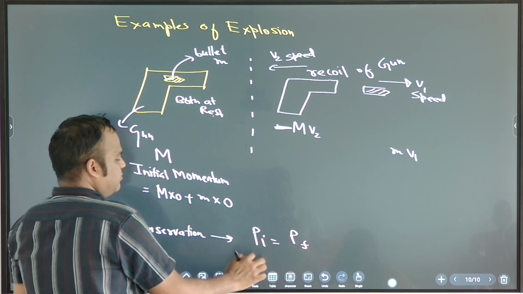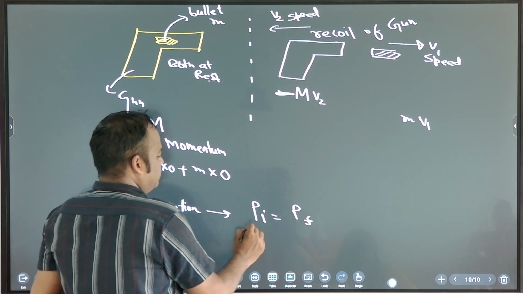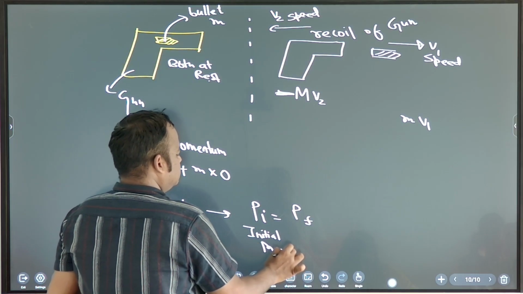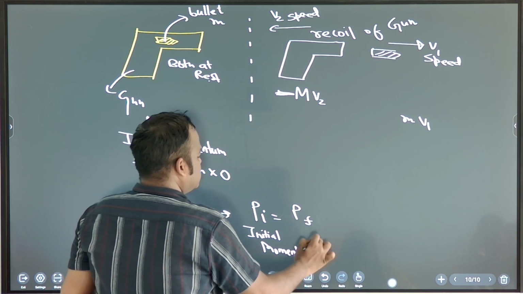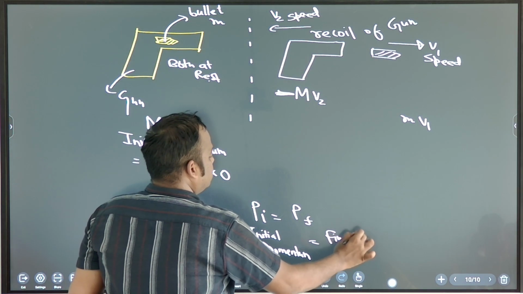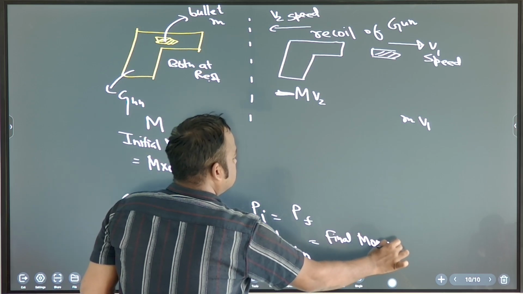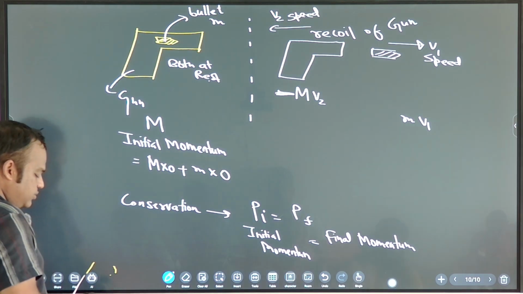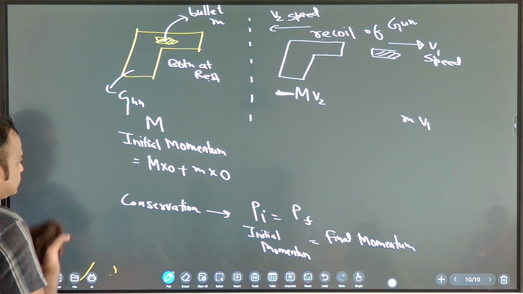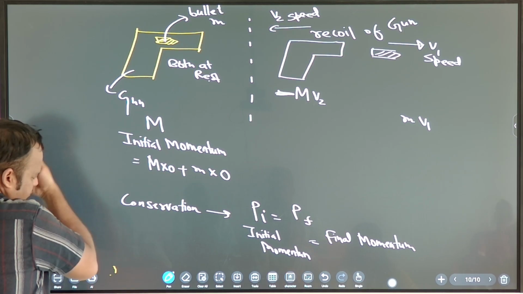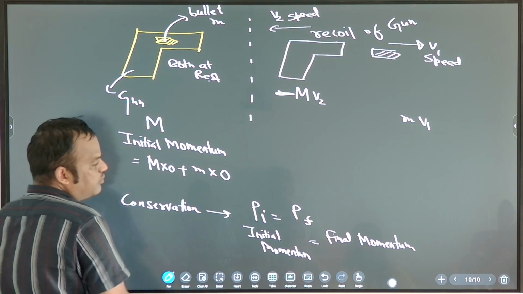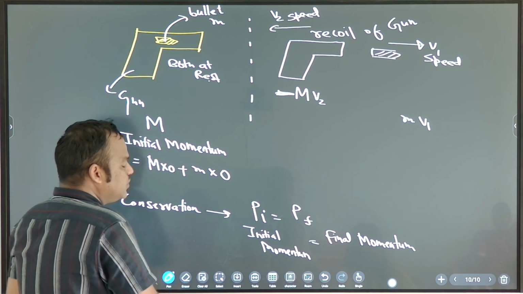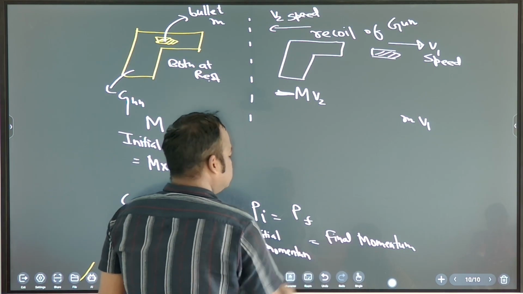Initial momentum is equal to final momentum. Note down. Initial momentum is equal to final momentum.